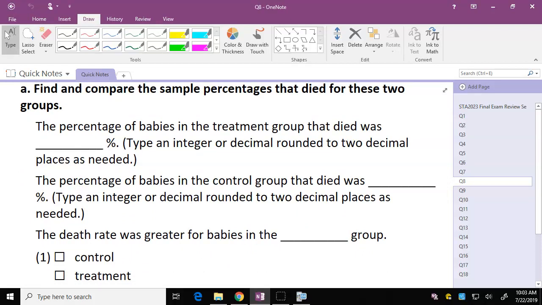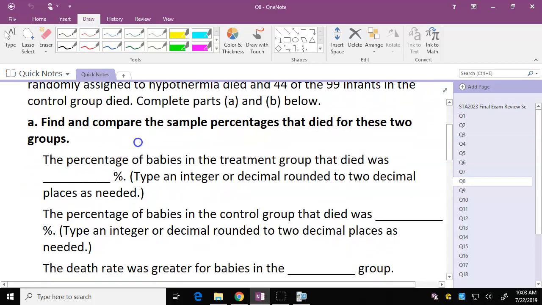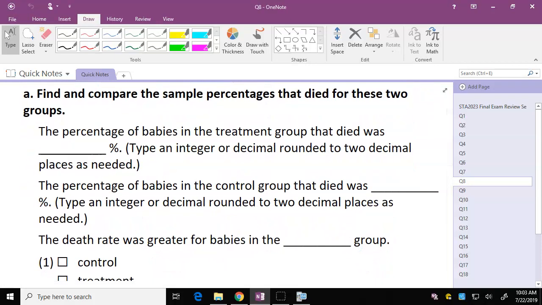Just divide, right? 27 divided by 92, and it says round to 2 decimal places. 29.35. And it is the percent, so we don't have to turn it into its decimal of 0.2935. So keep an eye on those little symbols there.